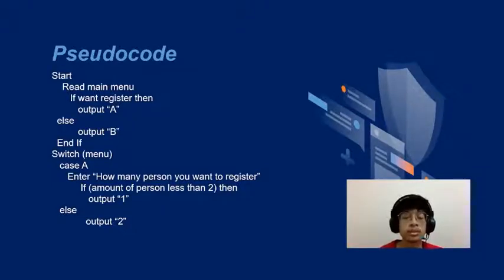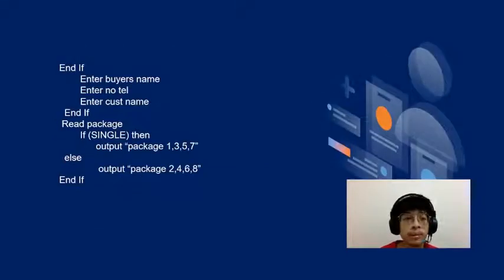If the customer chooses the wrong key like 3, 4 or 5, the program will not detect it. After filling in the number of persons, the program asks the customer to fill in the important information, which is the buyer's name, hotel, and customer name.